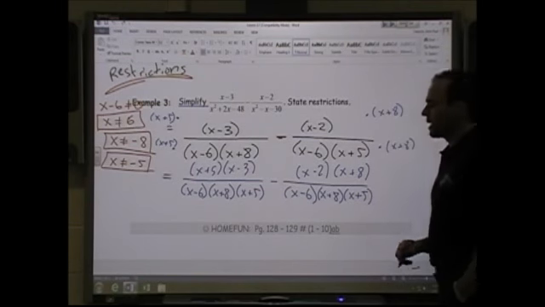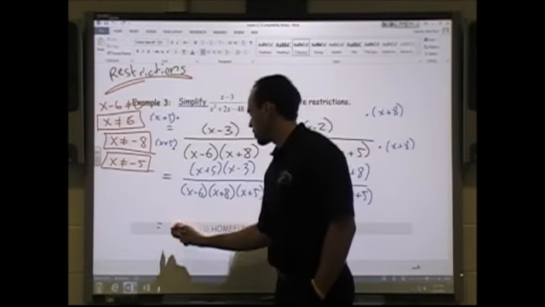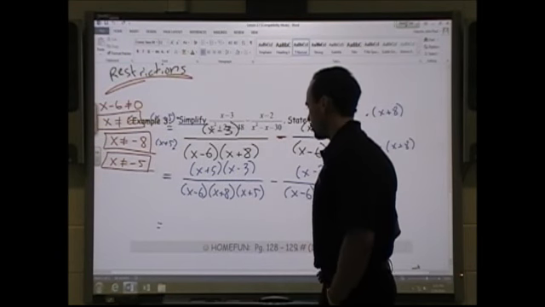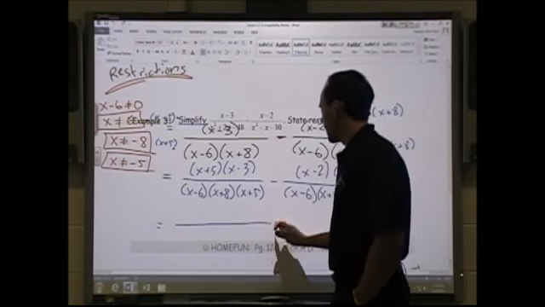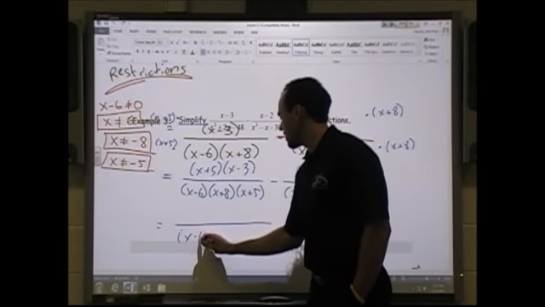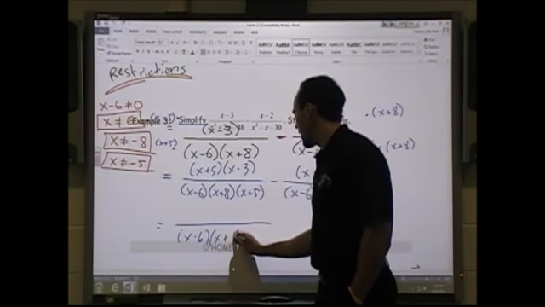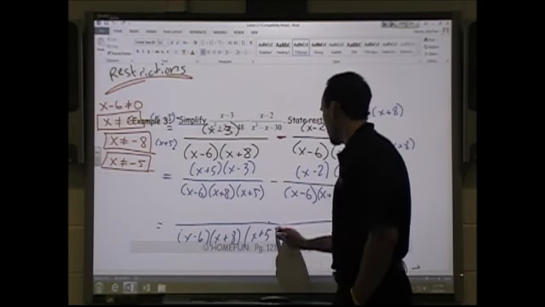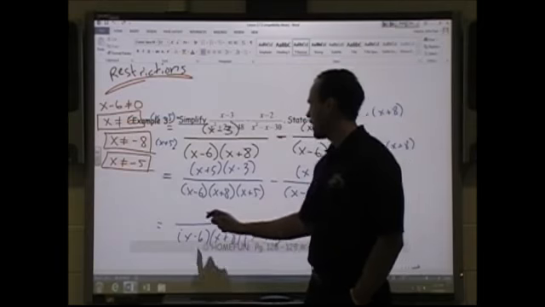And now I can subtract the 2. Subtracting the 2 here, you keep the denominator the same, which is x minus 6 times x plus 8 times x plus 5. Keep the denominator the same, just write it once, and subtract the numerator.